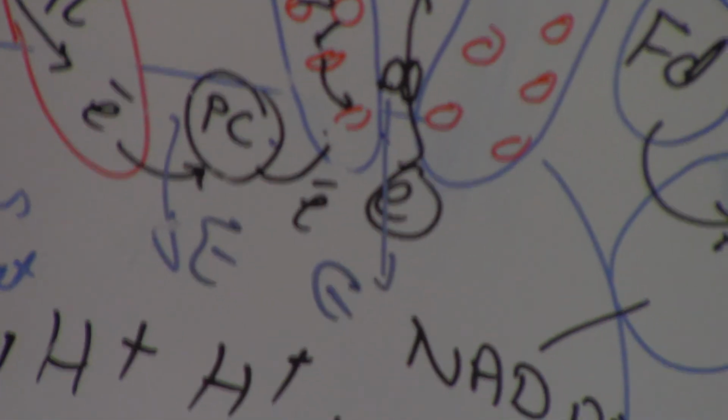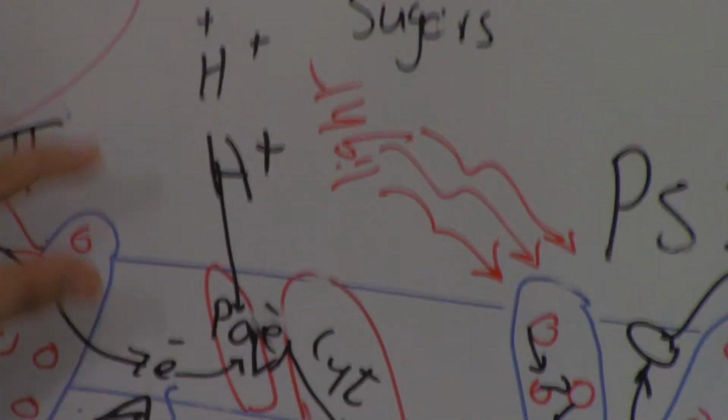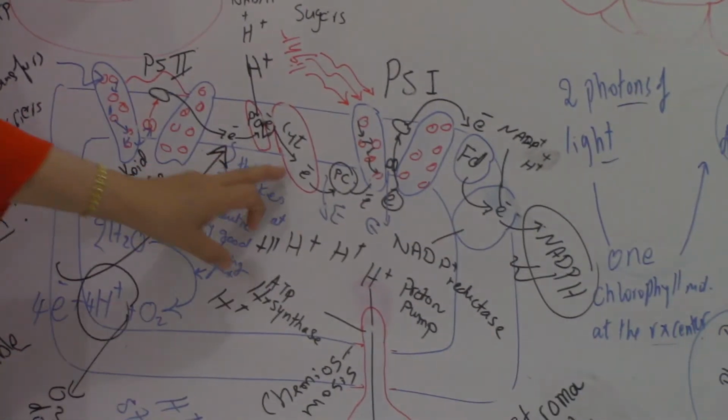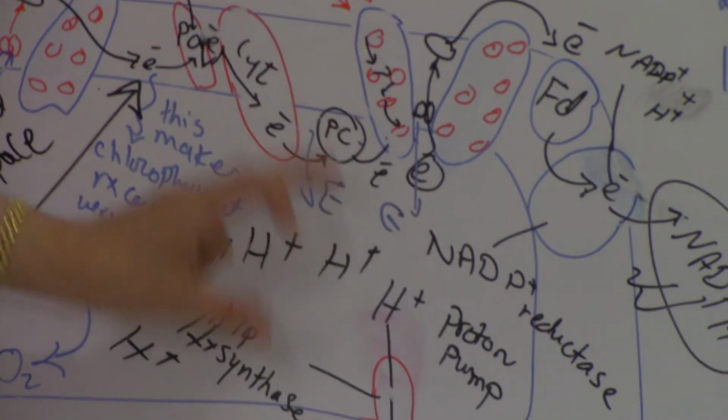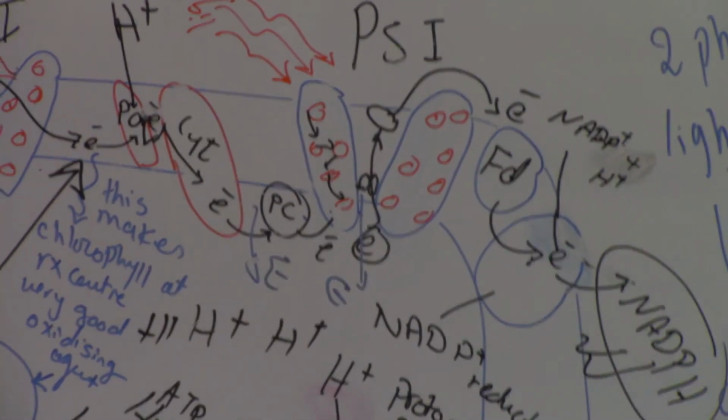Plastocyanin is different from plastoquinone. Plastoquinone is hydrophobic, so it never leaves the thylakoid membrane, which is the phospholipid bilayer. While plastocyanin is hydrophilic, a water-soluble molecule, so this means that the electrons here can leave the thylakoid membrane and exist in the thylakoid space, because the molecule is soluble in water.